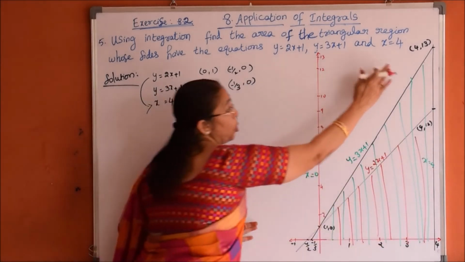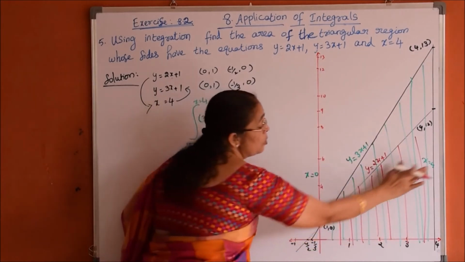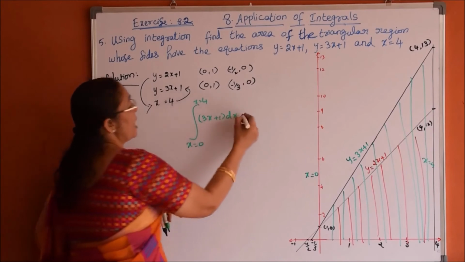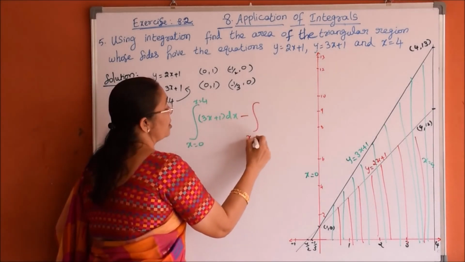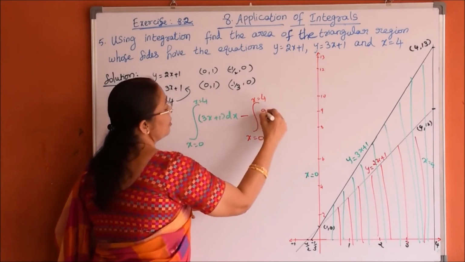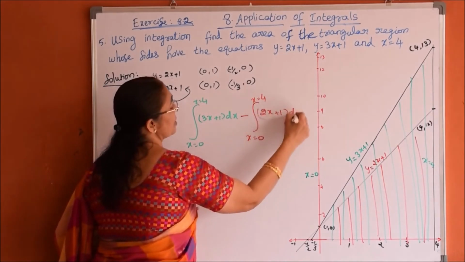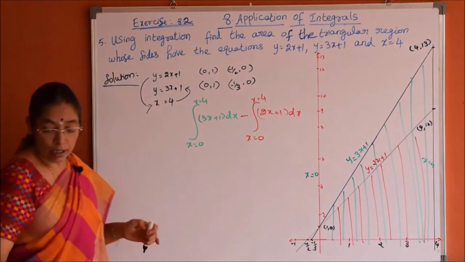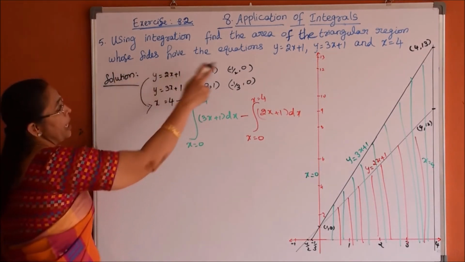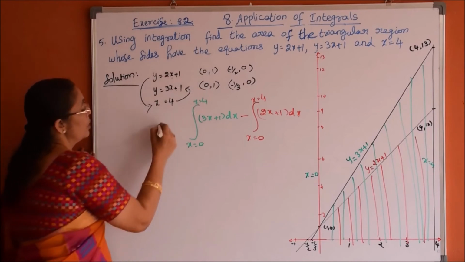So, from the whole area, when we remove this area, we get the required area. So, minus integration from x is equal to 0 to x is equal to 4 of 2x plus 1 dx. This is our required area, the area of the triangular region whose sides have these equations.